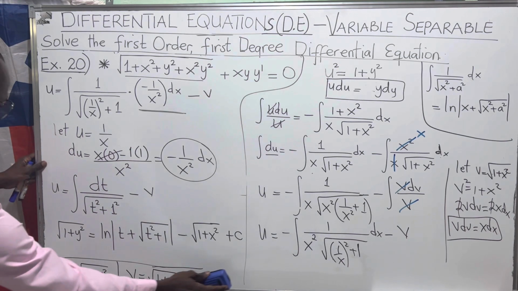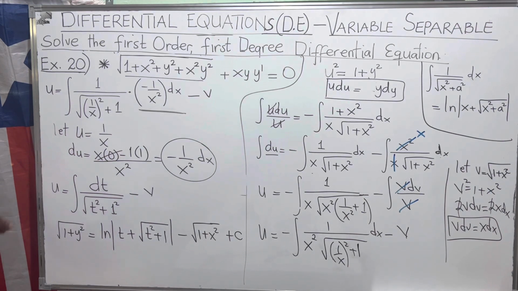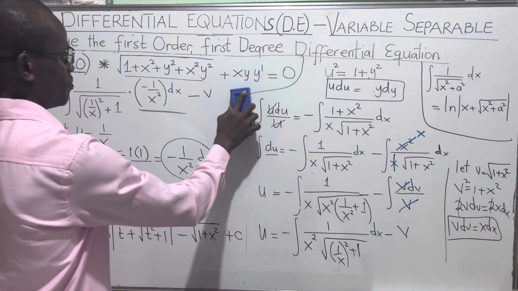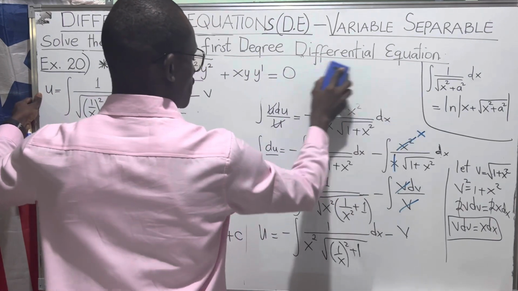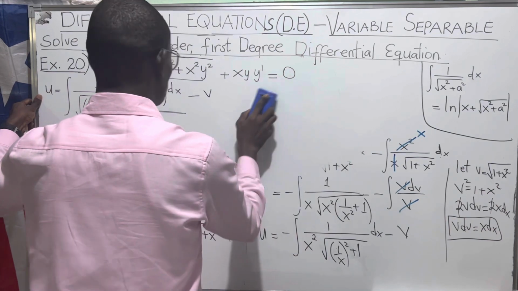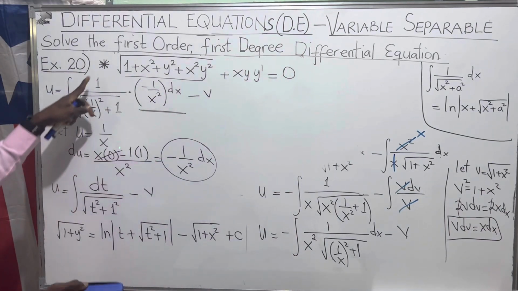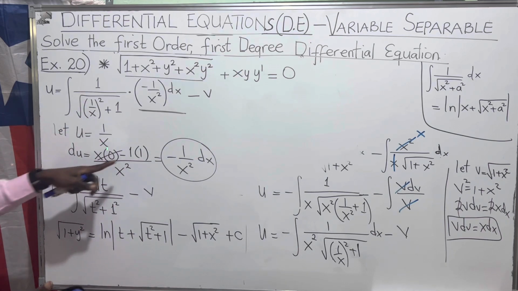So you see, this is actually our general solution. If we want to further simplify it, we can do that, but this is our general solution. But remember, you used a new variable to be able to manipulate the problem in this area. So we substituted 1 over x with some t.